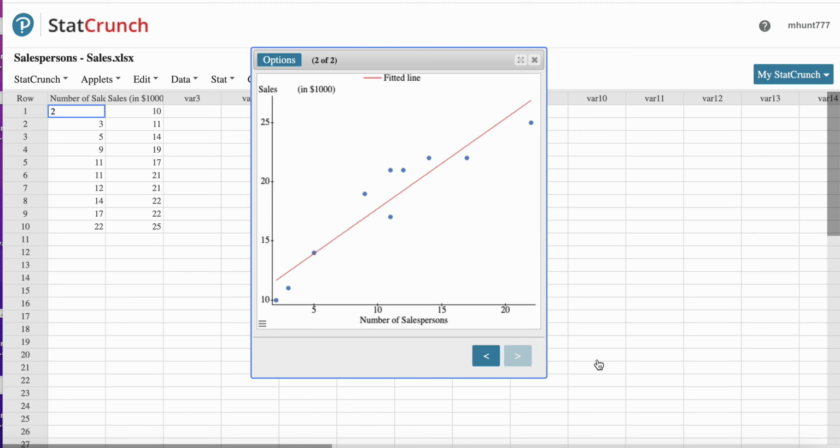Now, if I wanted to copy this and put it in a document, for me on my Mac, I would do a Command Shift 4. For you, it might be something else, and I'd put a little box around it.